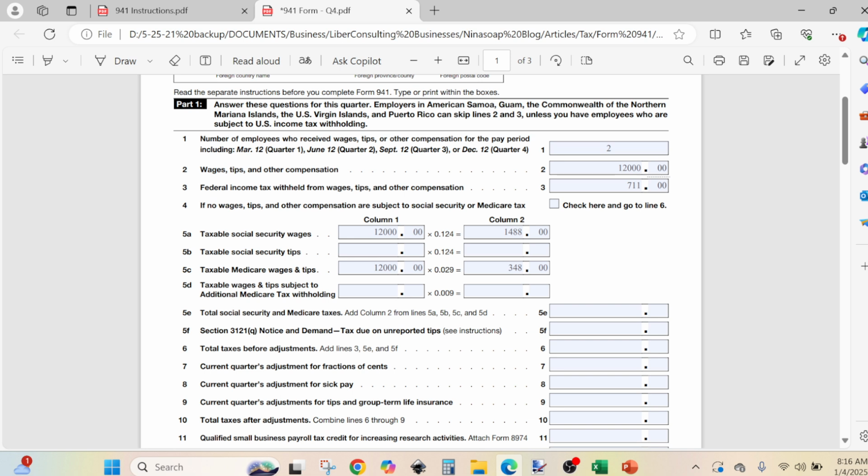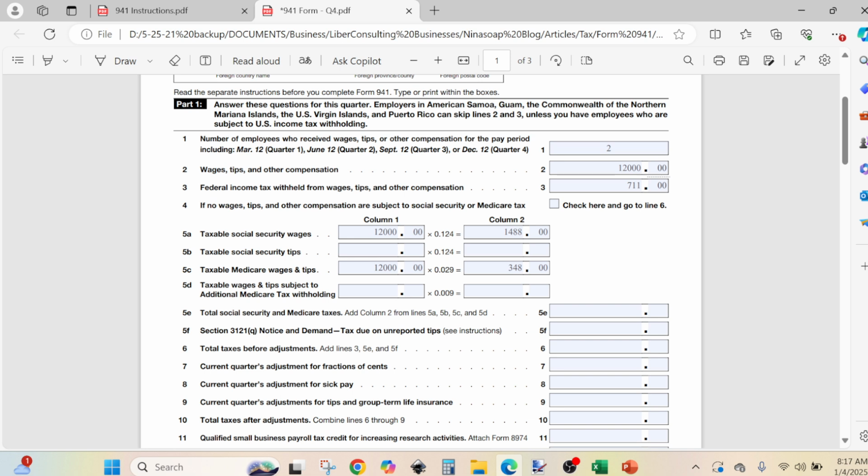tax is collected on wages all the way to $200,000. Any employee that you pay more than $200,000, you will withhold an additional Medicare tax of 0.9%. Your business does not pay toward that, only you withhold from the employee's income.